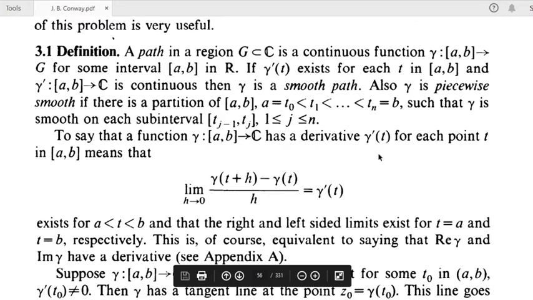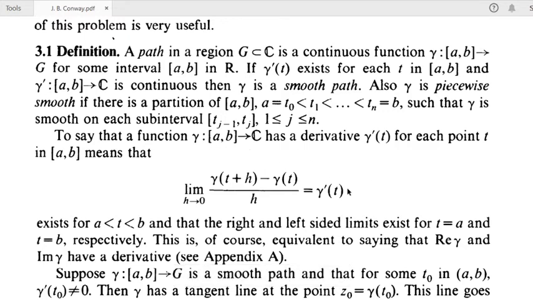That's how we usually define the derivative, and it is the same for this function too.